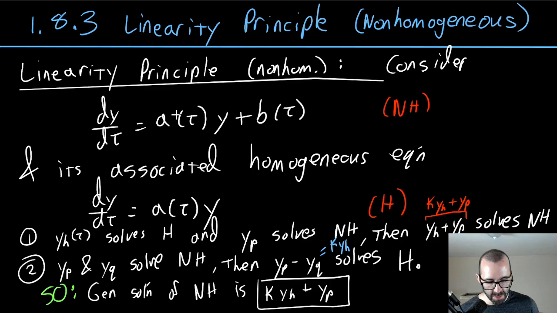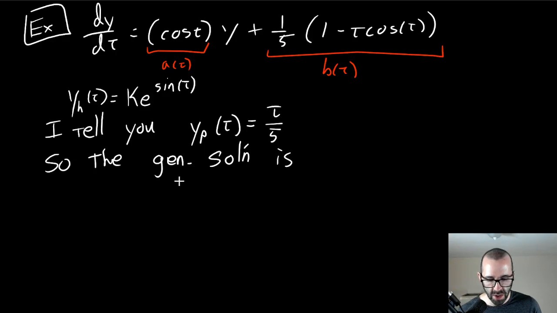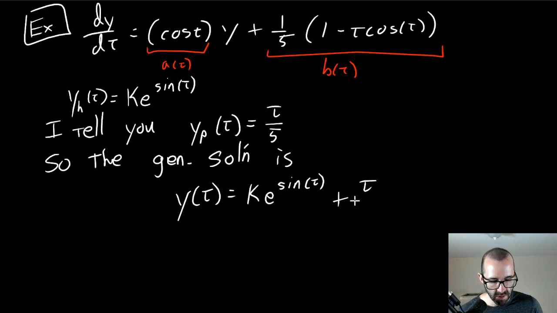Well, the linearity principle says that the general solution is just going to be k times a homogeneous, in other words, the general homogeneous solution, plus that particular solution. So our conclusion is that the general solution of this non-homogeneous differential equation is just y of t equals the homogeneous solution plus our particular solution.